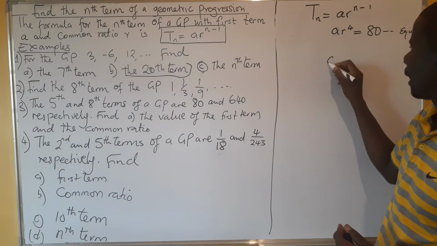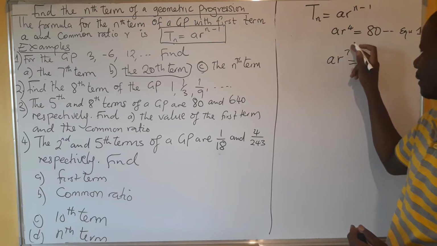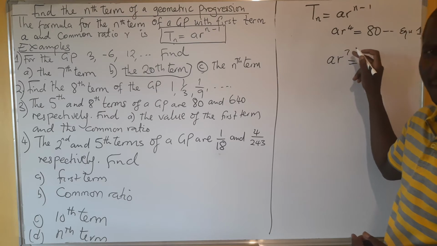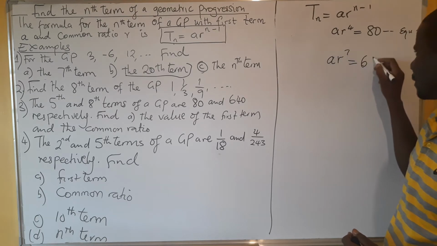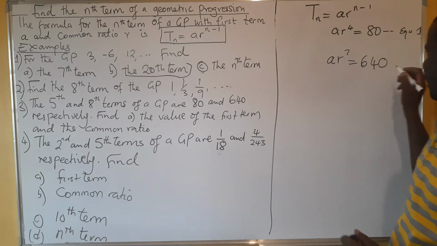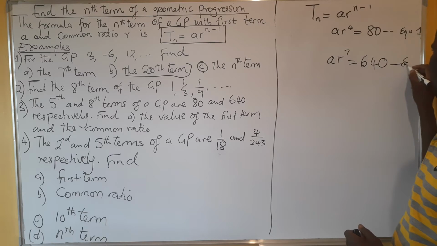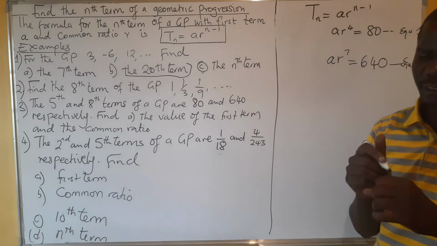So it is going to be A R to the power of 7, which is not the 7th term but the 8th term, because a 1 has been subtracted. This gives us 640. All right. This is the second equation, equation 2. So we have 2 equations in this case.